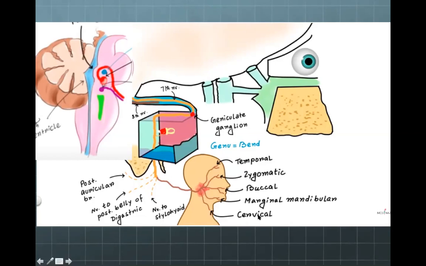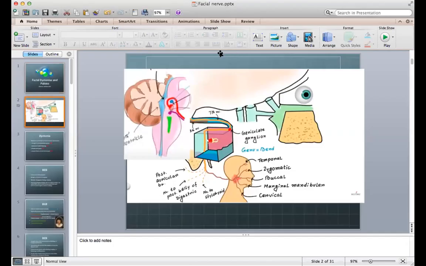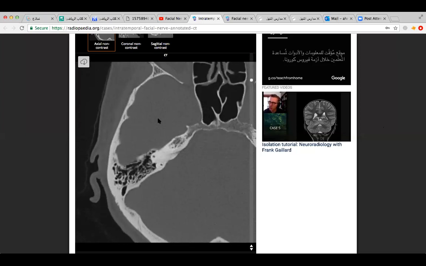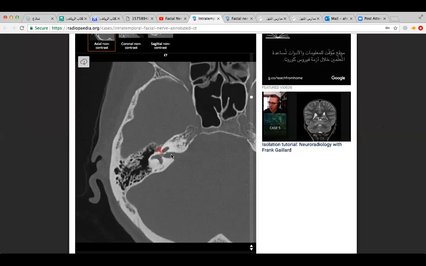Another thing I would like to show you, a CT scan. So here we see the brainstem.